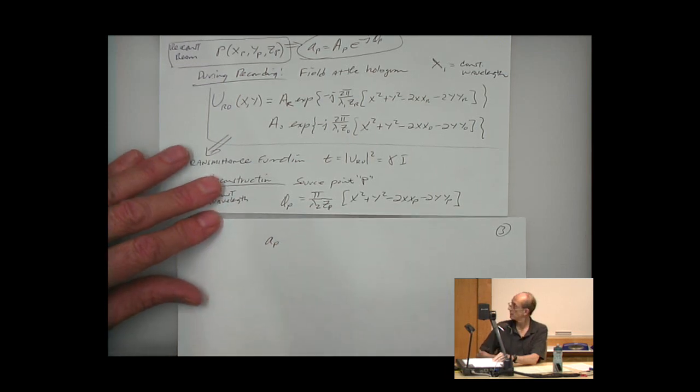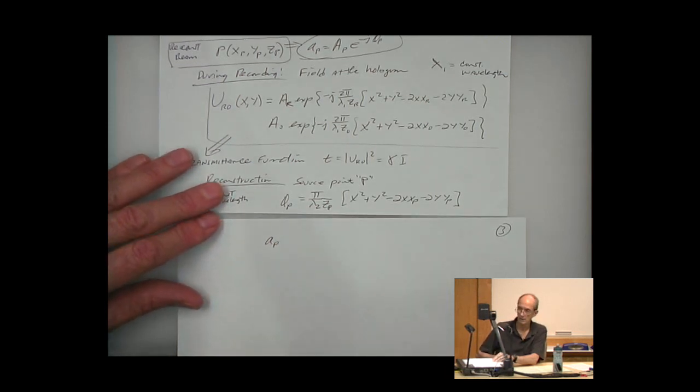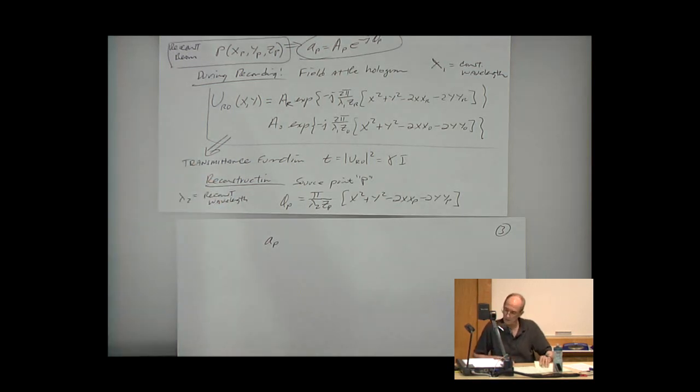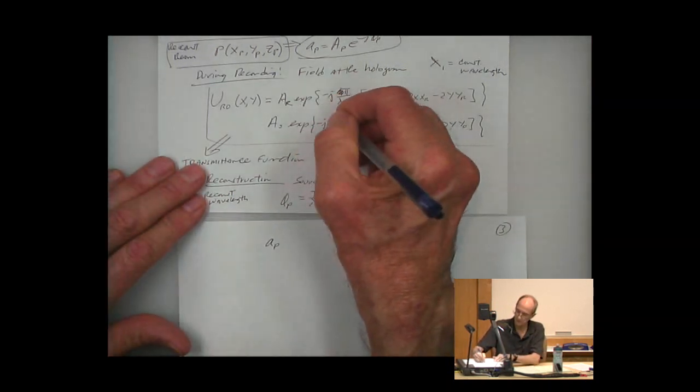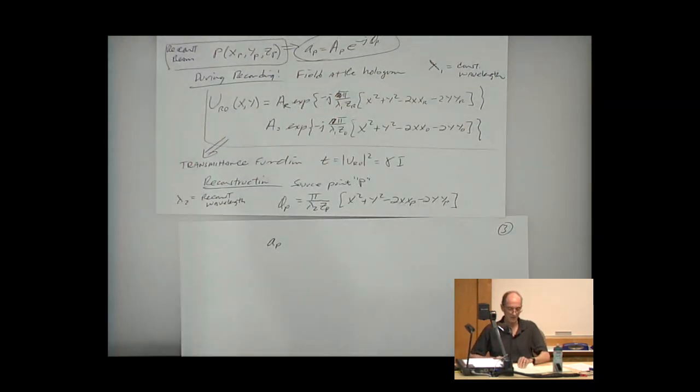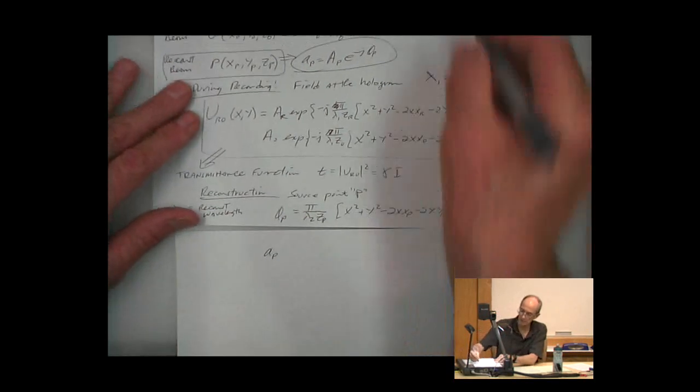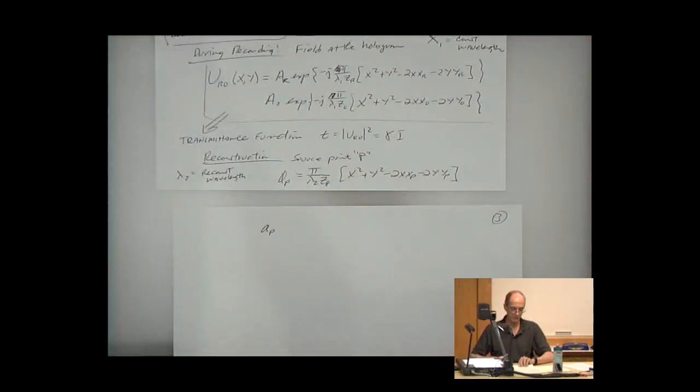Is there supposed to be a 2 pi in the recording field? Because you have a 2 pi in the recording field, but not in the reconstruction. Okay, thank you. This is not here. Sorry. It should just follow what we derived up here. Thank you. I sometimes just automatically write 2 pi.